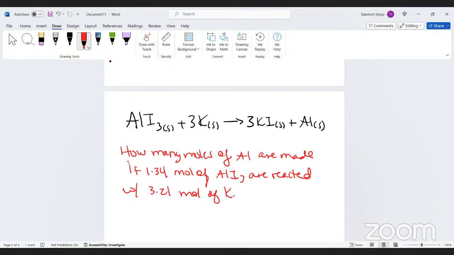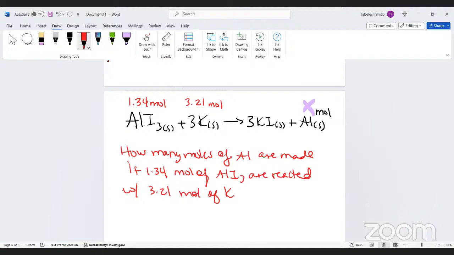Okay. And I'm going to read it again because I was trying to write fast and look at the screen. How many moles of aluminum? So let's put an X over aluminum. Okay, we're looking for that. Are made if 1.34 moles, so they're giving you that number, are reacted with 3.21 moles of potassium.